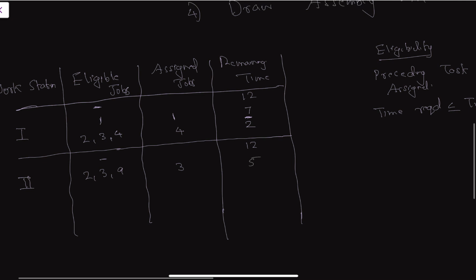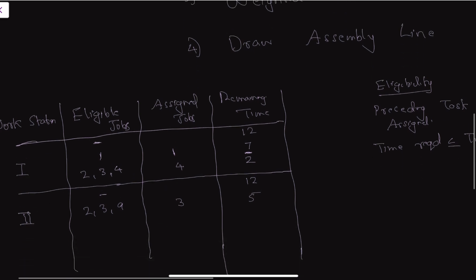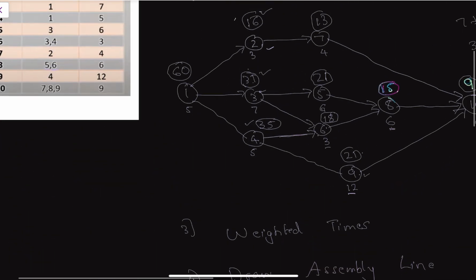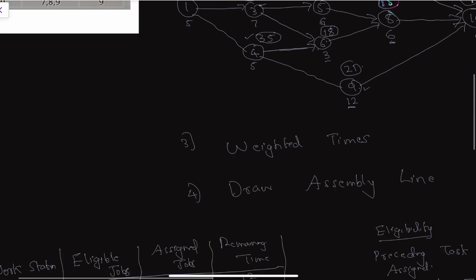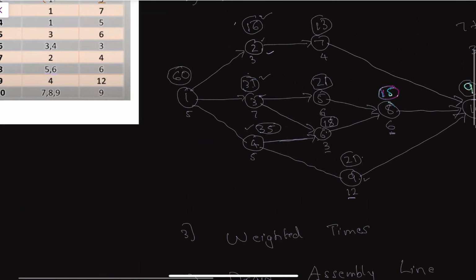After that, which job will you select? The eligible jobs are again 2 and 9, and after 3, you have 5 and 6. There are 4 jobs, but you need to check the duration also. You have only a remaining time of 5.